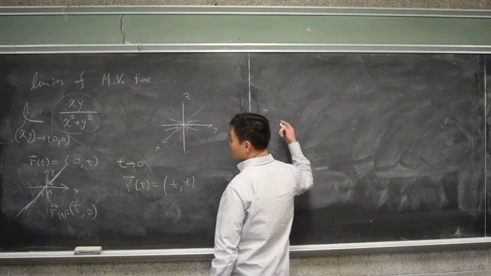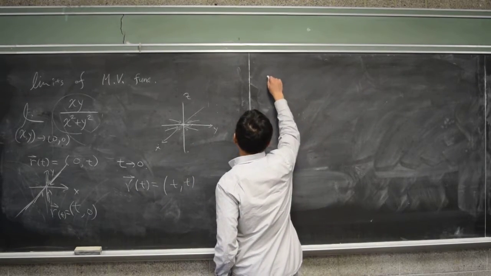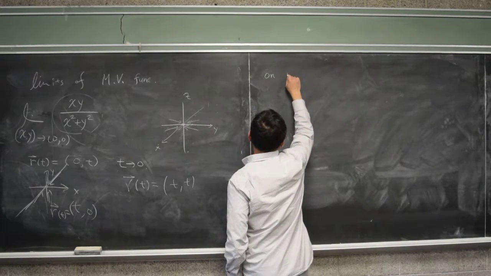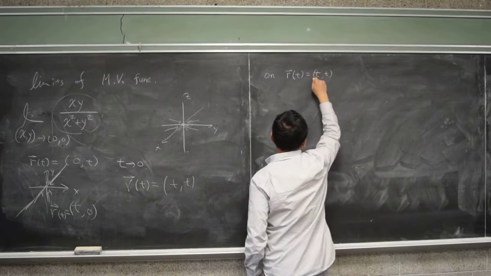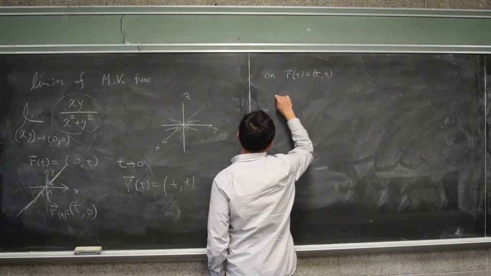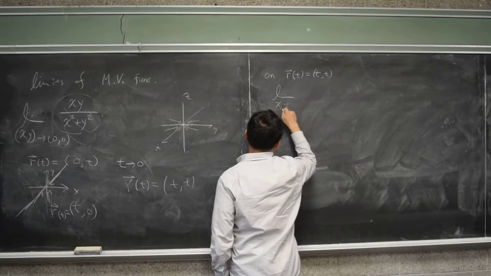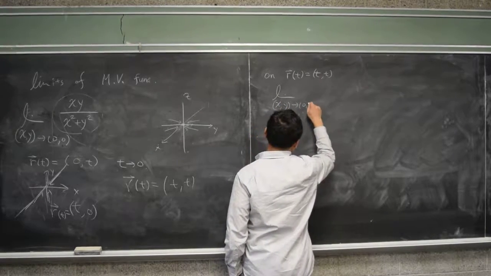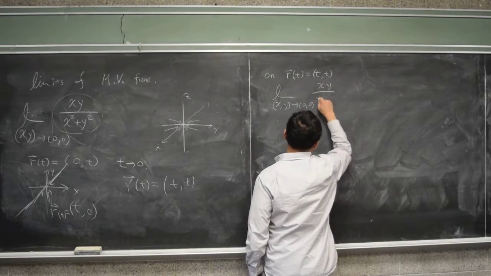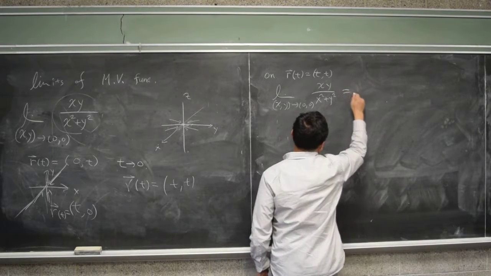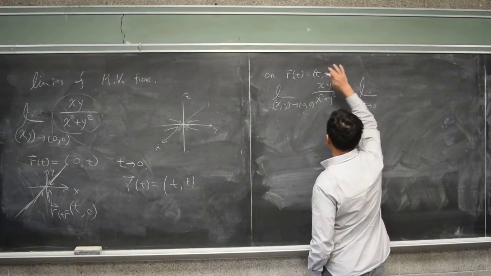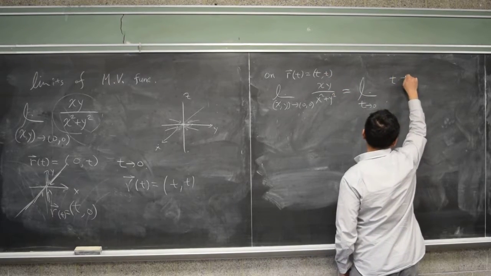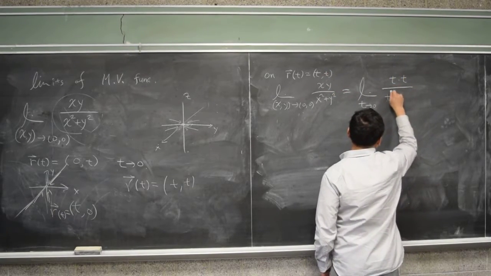If you do that, then look what you have. On the path r of t, t comma t, you have the limit as x comma y goes to 0 comma 0 equal to the limit as t goes to 0, and because you're setting x as t and y as t, you have t times t over t squared plus t squared.